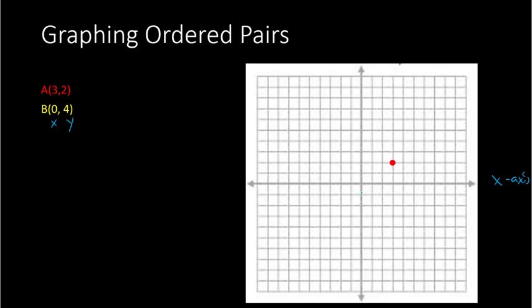So when it says 0 for x, that means you're not going left or right at all. You're just going to stay right here in the center. And now y is 4. It's a positive 4. And for the y-axis, remember going up is going to be positive. So you go up 4 in the positive direction. 1, 2, 3, 4. That takes you right here at this point. So this would be point B, over 0 and up 4.